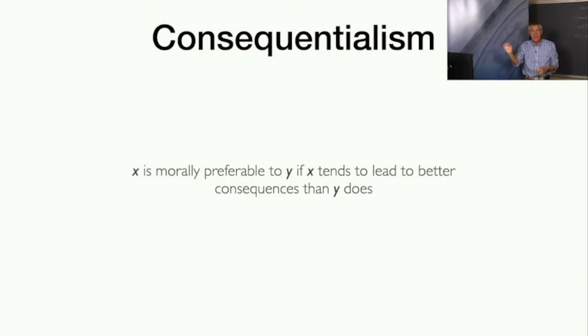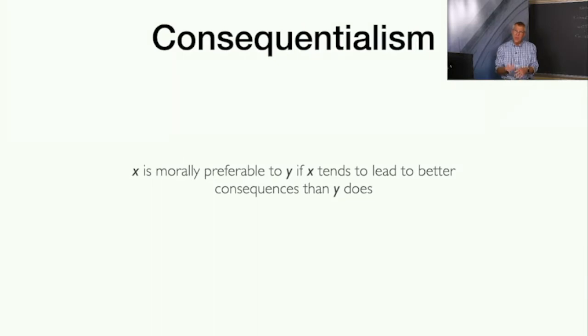Here is, I take it, the fundamental idea behind consequentialism. X, whatever X is, whether it's an action or a rule for action or a motive or a character trait or an entire civilization, X is more preferable to Y if X tends to lead to better consequences than Y does.